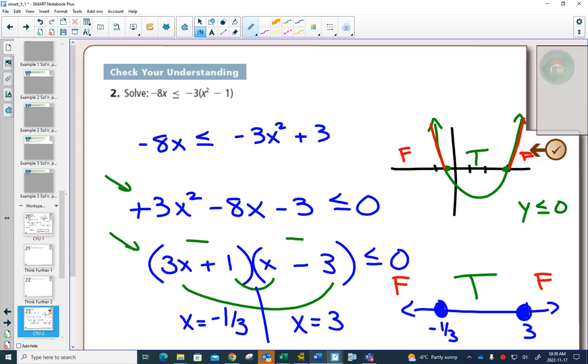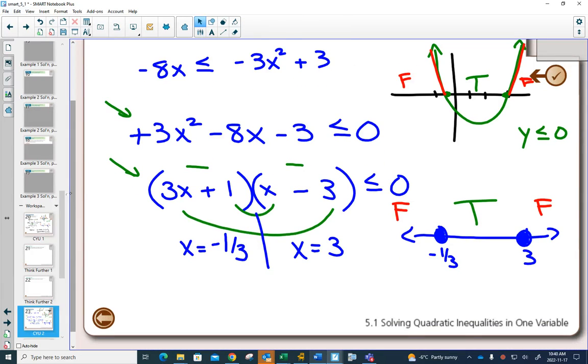Oh, I can think of one where it's not going to alternate for a parabola. Look at this. What happens if my parabola looked like this? Then on my number line, I have only one x-intercept. And it could be true, true, or false, false, depending on what the question is.